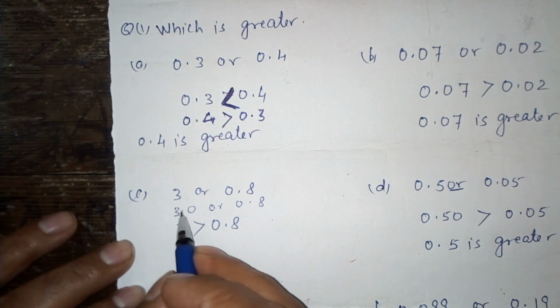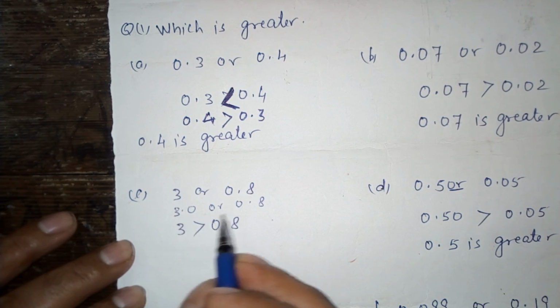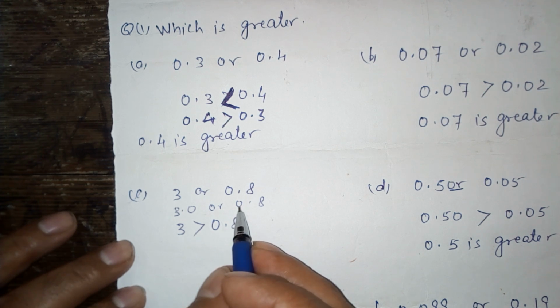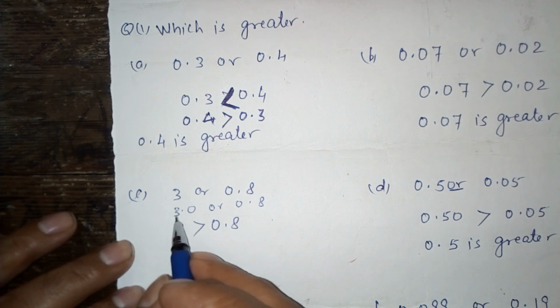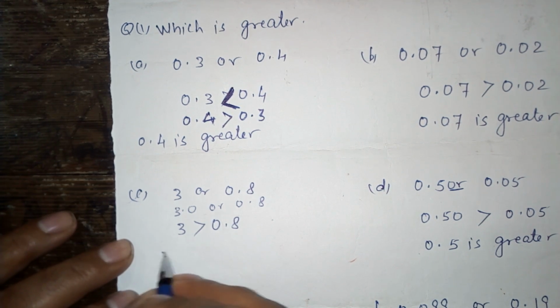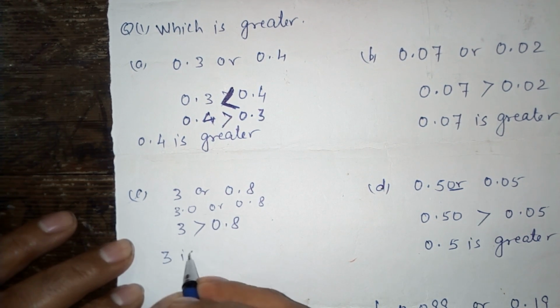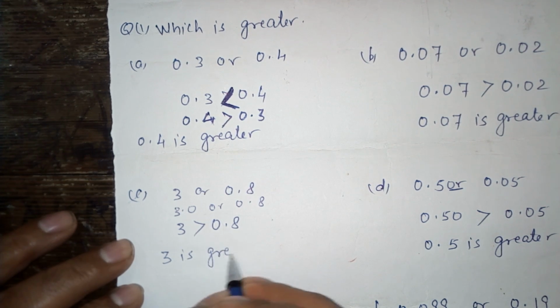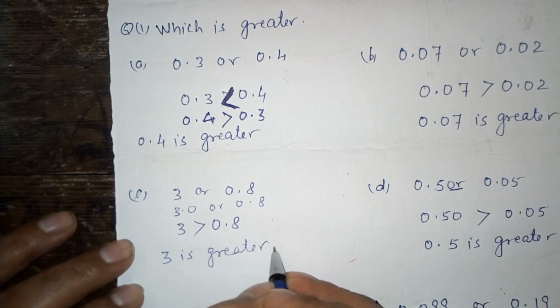Before the decimal point this is 3 and before the decimal point this is 0. So in 3 and 0 which is greater? Obviously 3 is greater. So 3 is greater than 0.8. Your required answer is 3 is greater.